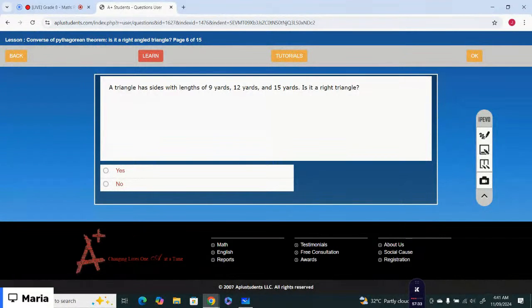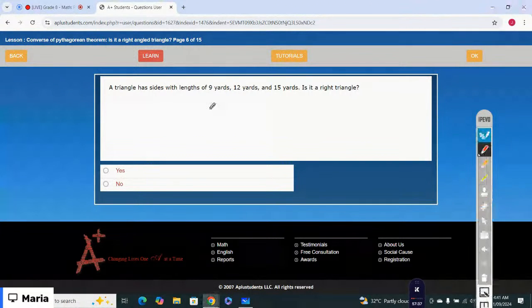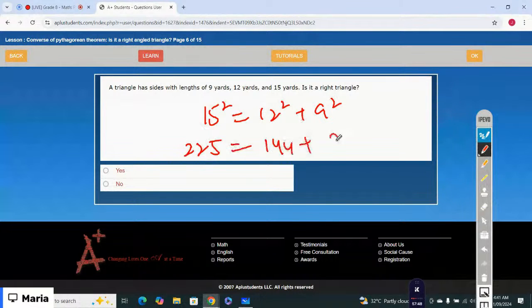So the correct option is, I think I need to check. 15 square equals 12 square plus 9 square. I think yes, that is a right angle triangle. 225, 144 plus 81. Yes, the correct option is yes, that is a right angle triangle. Got it? Okay, you can complete the lesson by yourself later today.